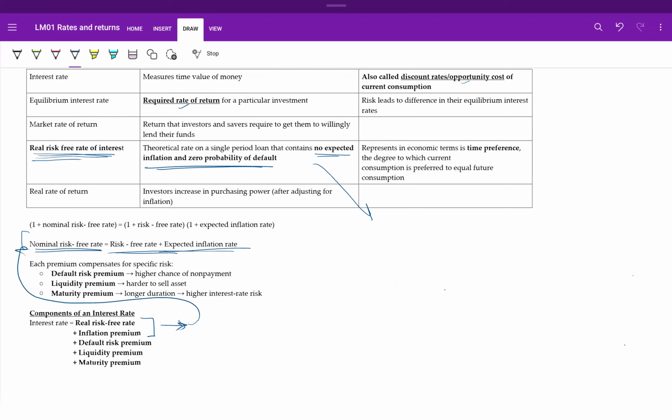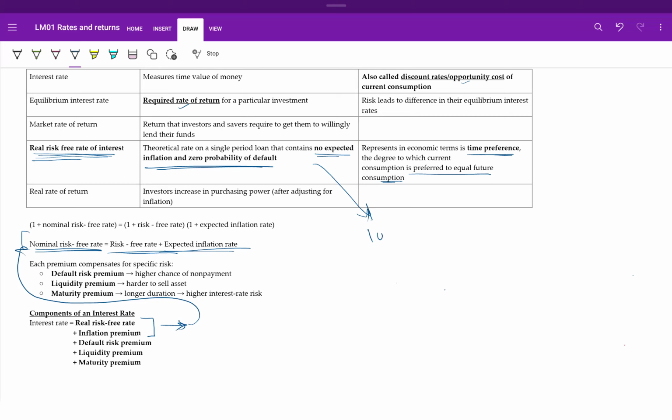Okay, so one more thing, it represents in economic terms a time preference, the degree to which current consumption is preferred to equal future consumption. So this means the risk-free rate.